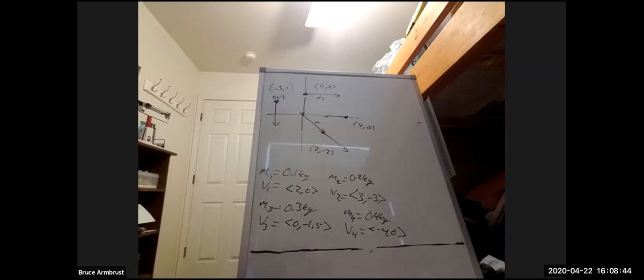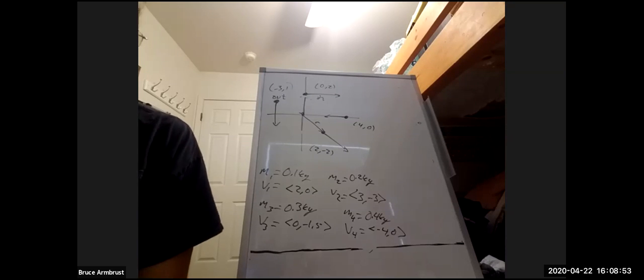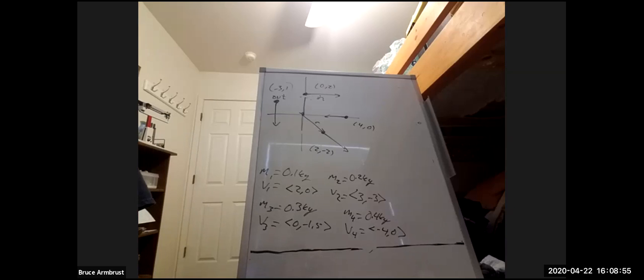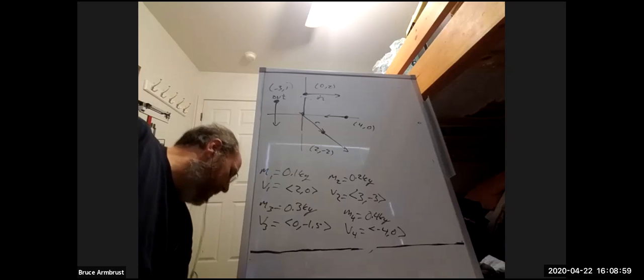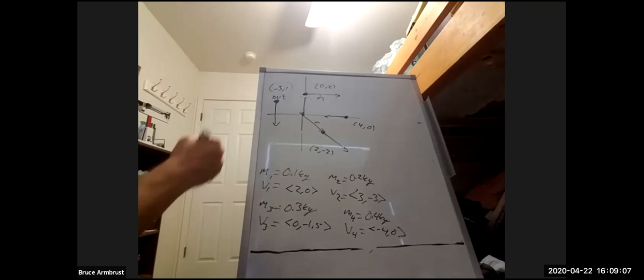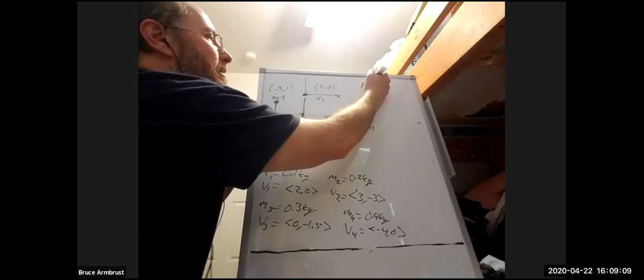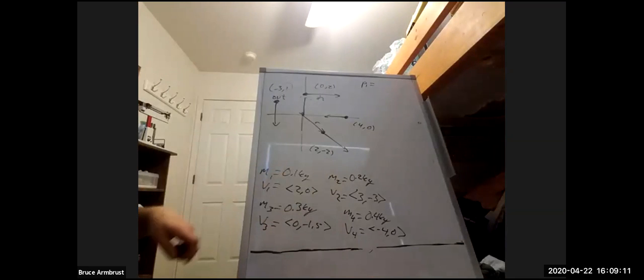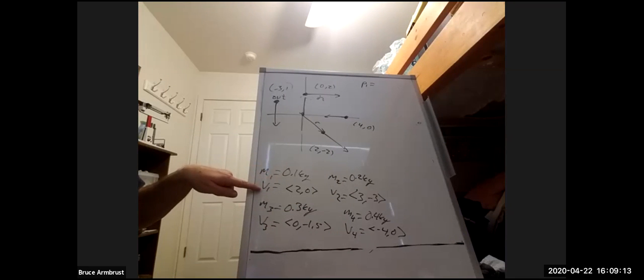So if we wanted to actually calculate the angular momentums here, what we would do is we would get the momentums of each of the four, and we're going to take the cross product of their radial arms. So let's do that. So I'm going to do this up here. Let's get momentums first. So P1, it's mass times velocity.